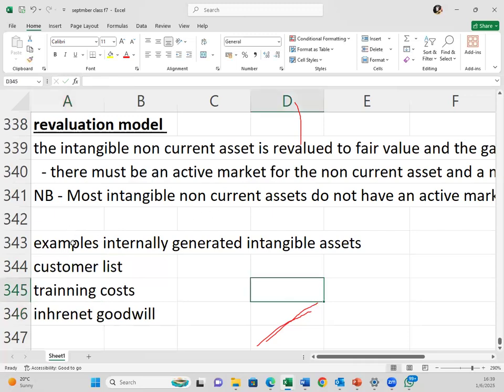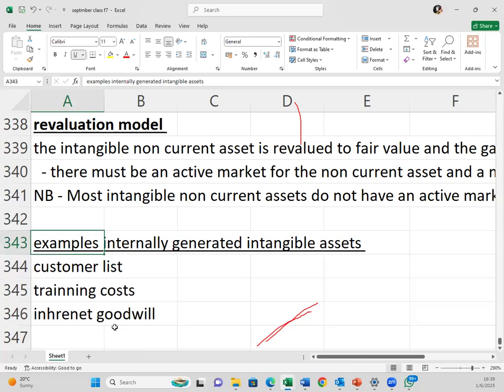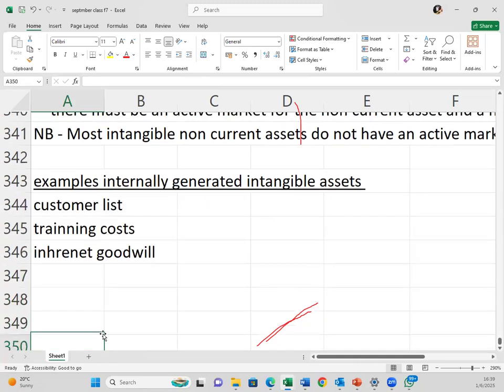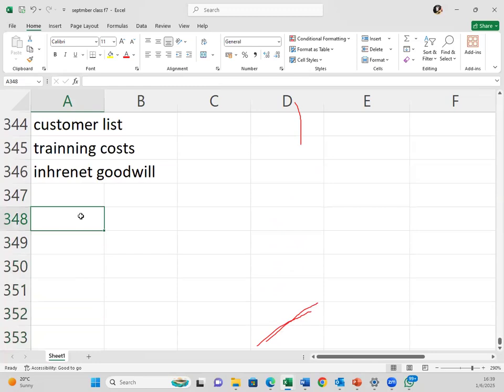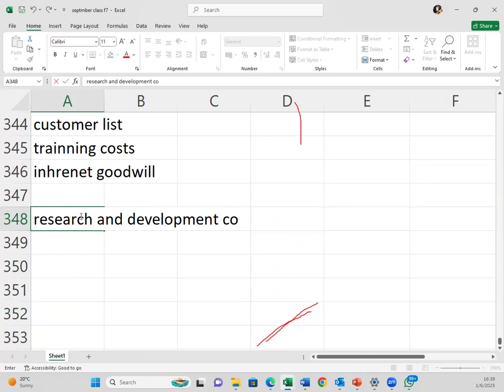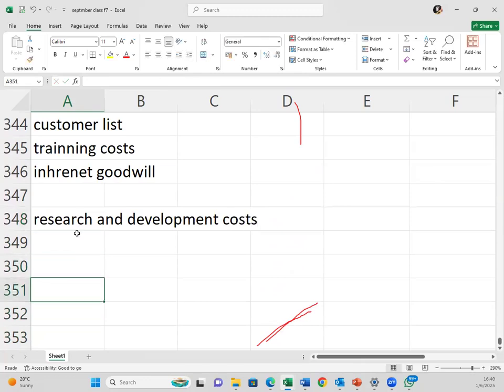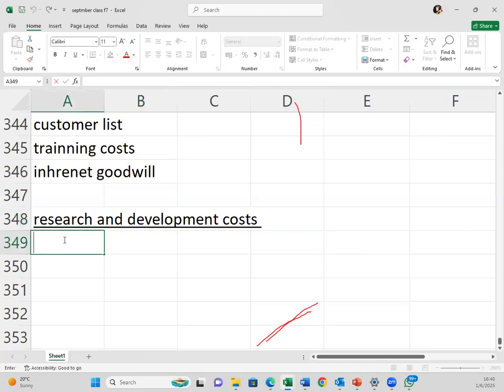So let's move on. We want to talk about another special type of intangible assets, the development cost. So research and development costs.